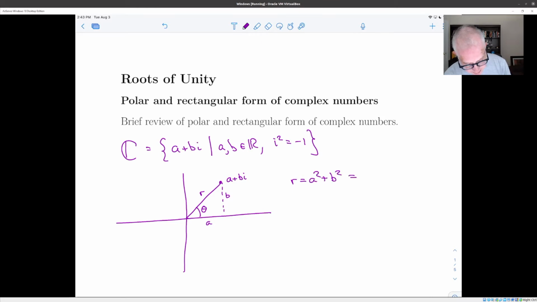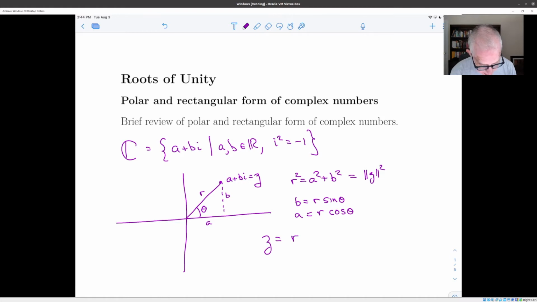If we call this complex number z, the norm of z squared is r squared. And so we have that b is r sine theta, and a is r cosine theta. And so our complex number z can also be written r times cosine theta plus i sine theta.